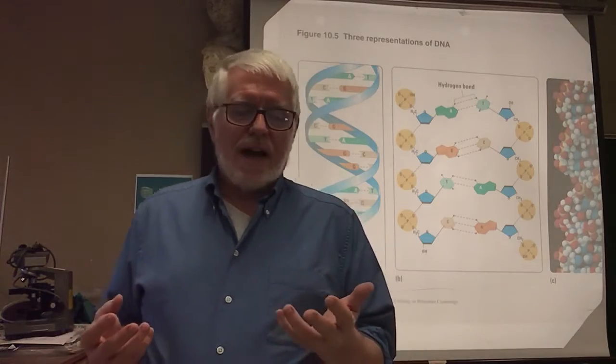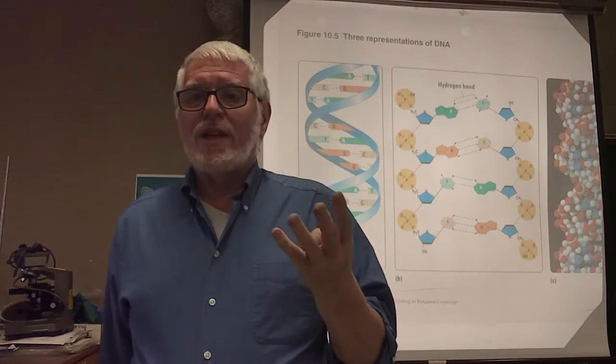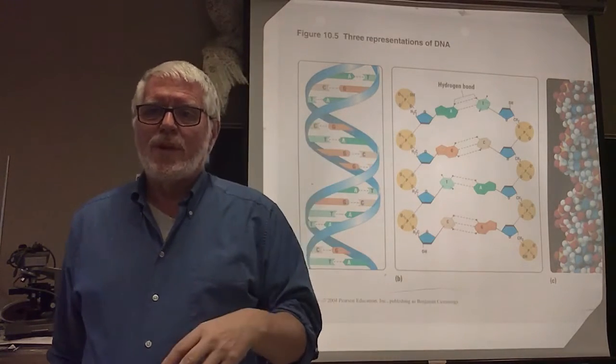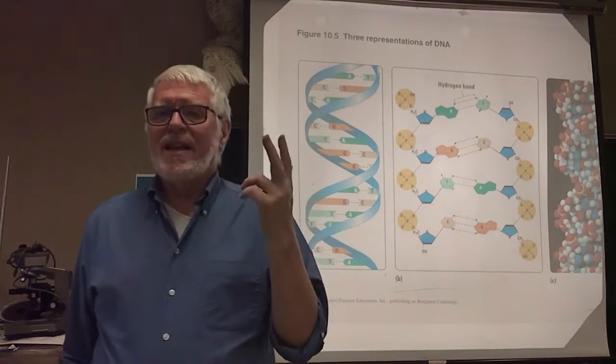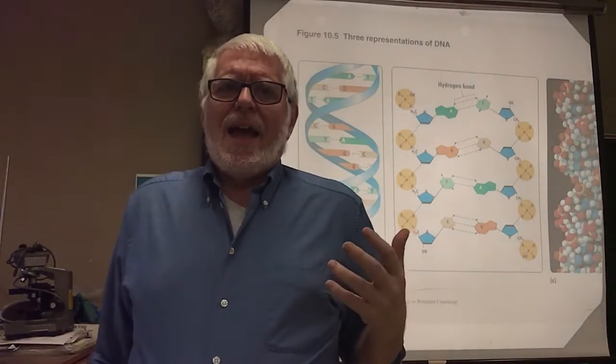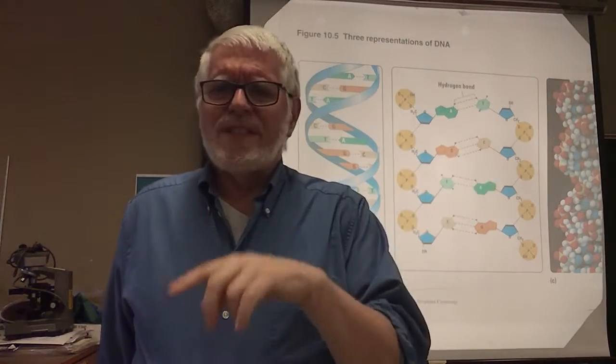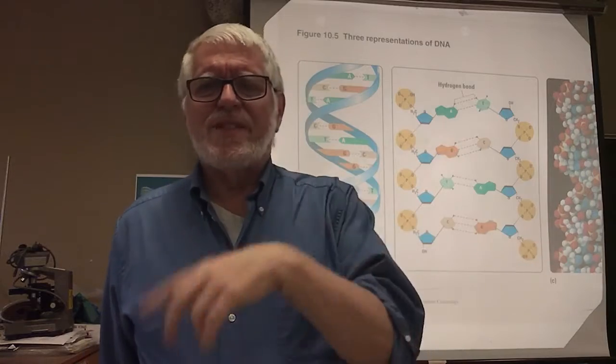You've got a single sugar, you've got a single phosphate, and you've got 4 nucleic acid bases. You've got adenine, cytosine, guanine, and thymine. And even then, however much adenine you have, you have the same amount of thymine. However much cytosine you have, the same amount of guanine.